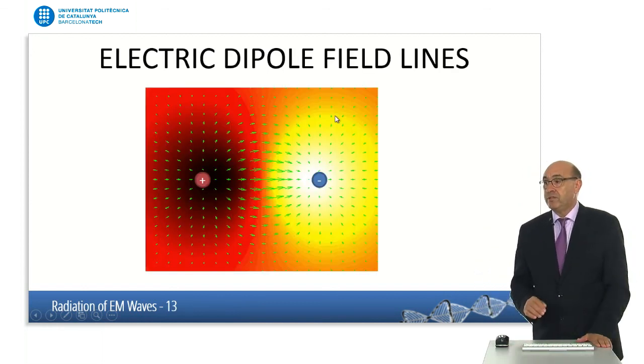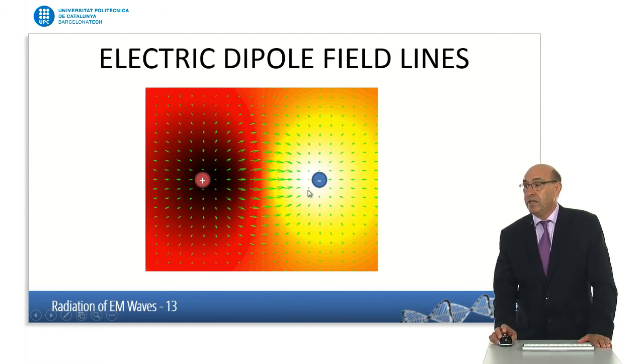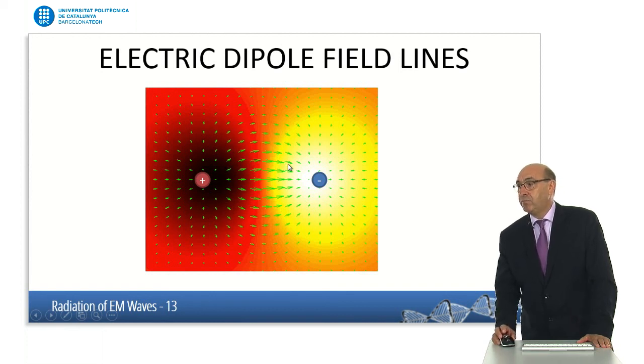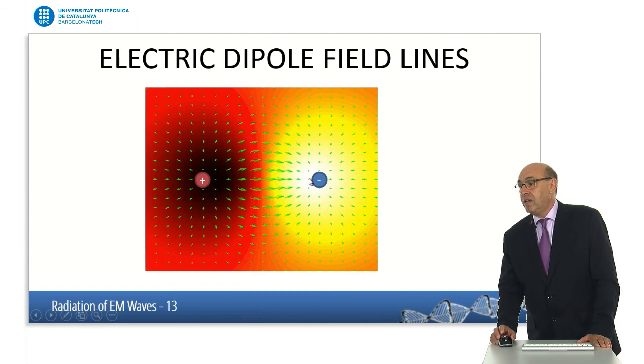Two charges, a positive one and a negative one, separated a certain distance. Surrounding each one of them, there is an electric field. You see the arrows here. And you see that the arrows point out of this first charge, and then they follow a certain path and end in the other charge.